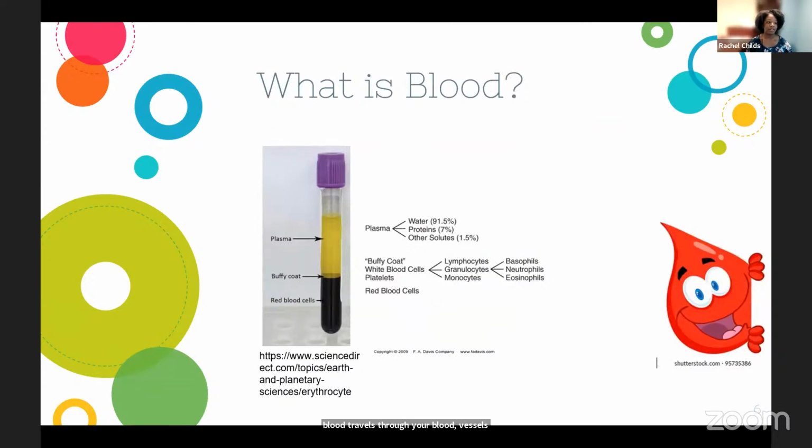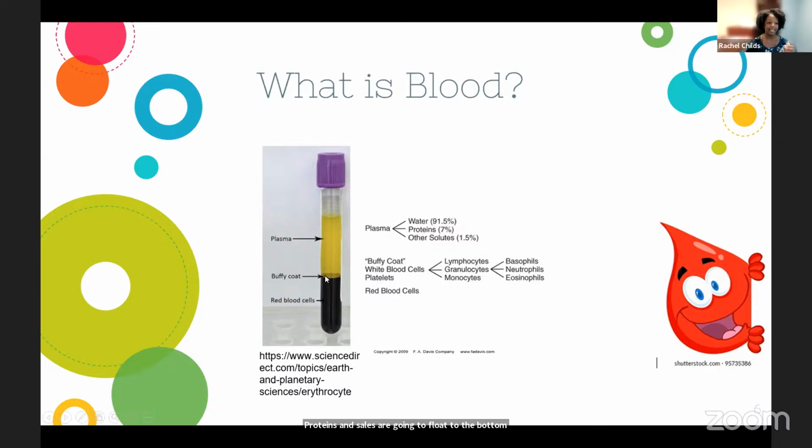Naturally, your blood will separate into those two components, your cells and your plasma. This picture shows the natural way that your blood will settle if left unattended for over 30 minutes to an hour. Your blood is going to settle according to weight. Proteins and cells are going to sink to the bottom, so that's where your red cells are.